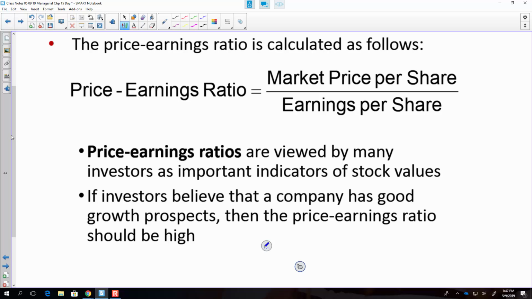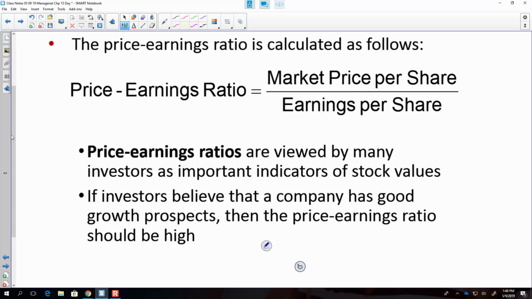The larger the number, maybe the price is a good price for that particular share, or maybe it should be lower. It's purely an investor viewpoint as to what is the spread, right, between the market price versus the earnings per share.